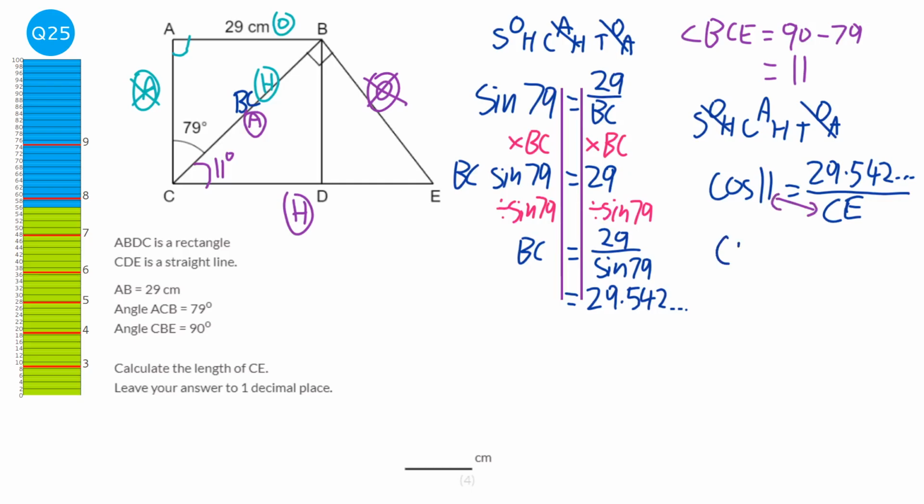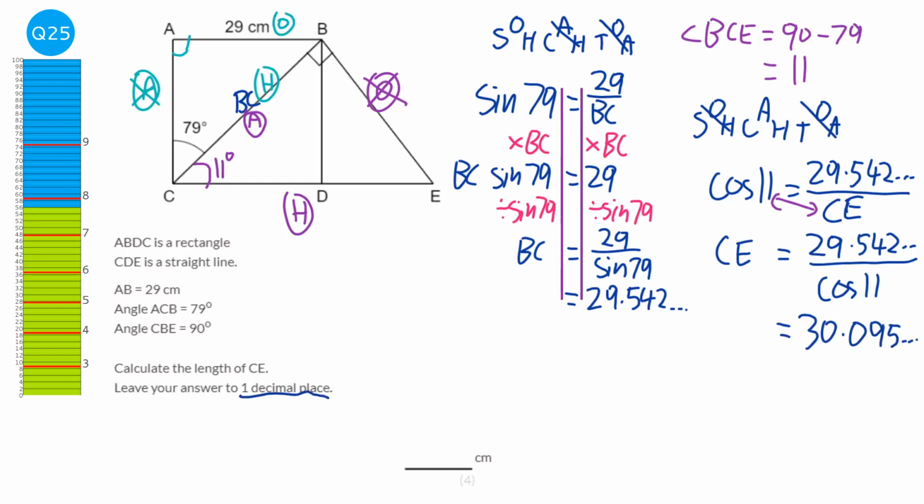So we can have it as CE equals 29.542 blah blah blah over cos 11. Okay, then we put that into our calculator and we get the answer of 30.095 blah blah blah, and it wants it to one decimal place, so that will be 30.1.